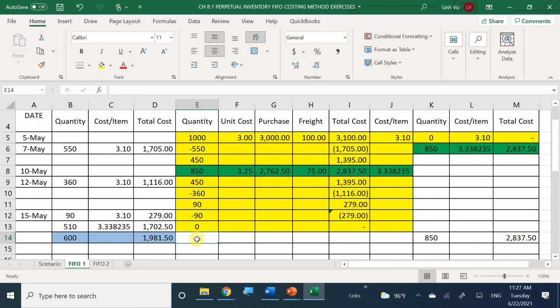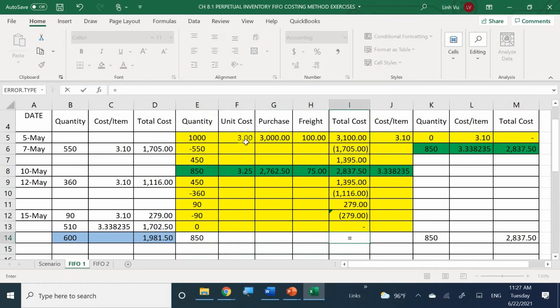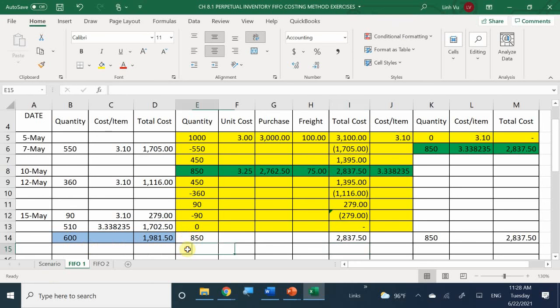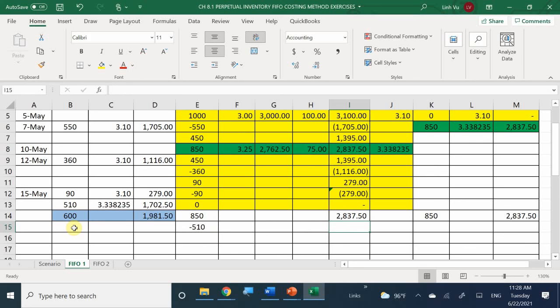But here I'm also going to pull down my green batch because now I have 850 items for my green batch, and I sold 510 for a total of 1702.50.